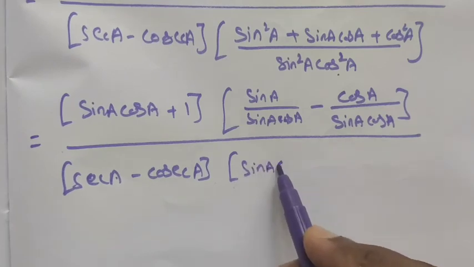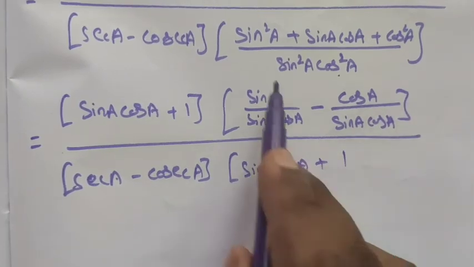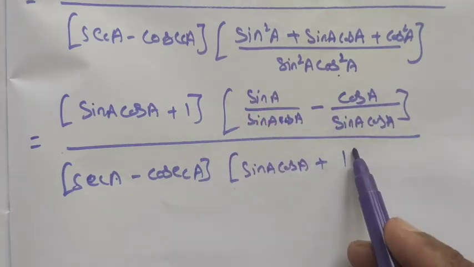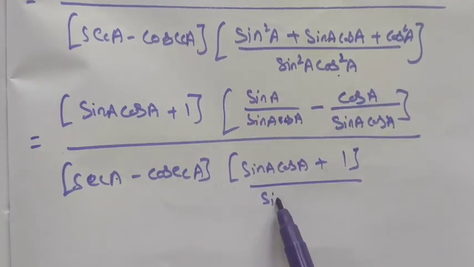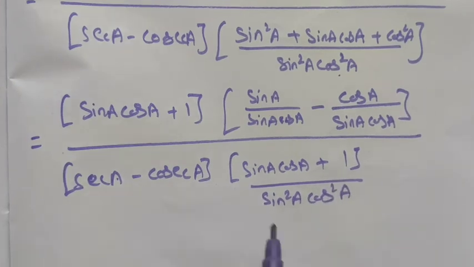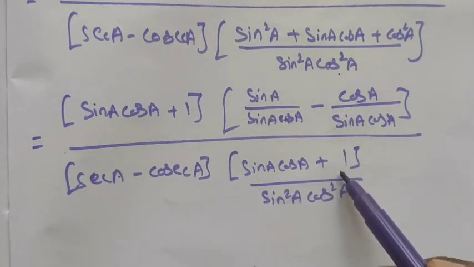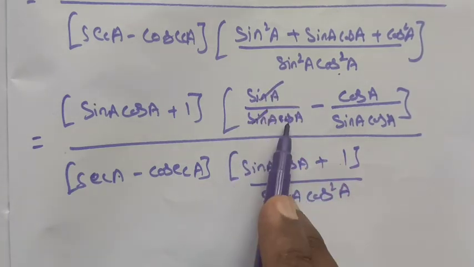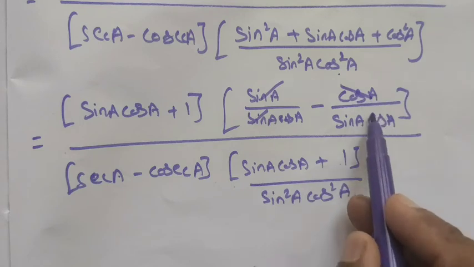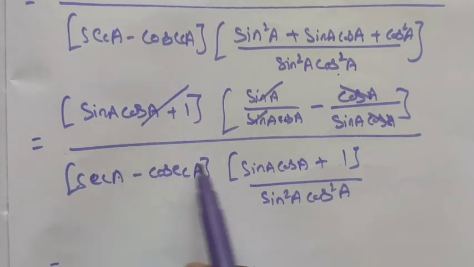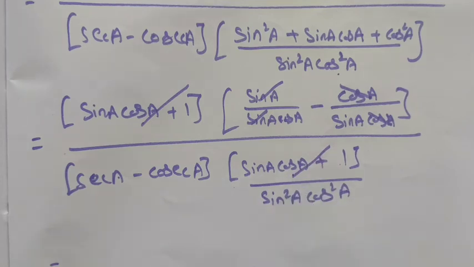So the numerator sin A cos A + 1 becomes sin²A + cos²A + sin A cos A, which is 1 divided by sin²A cos²A. The denominator of the denominator turns to the numerator, so sin cancels, we get 1 by cos, and cos cancels, we get 1 by sin.